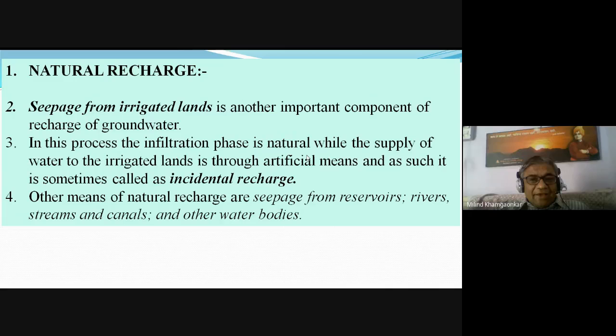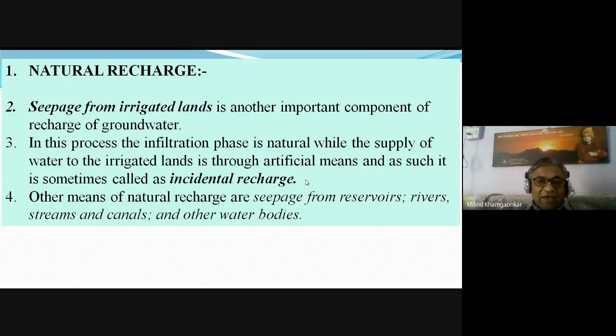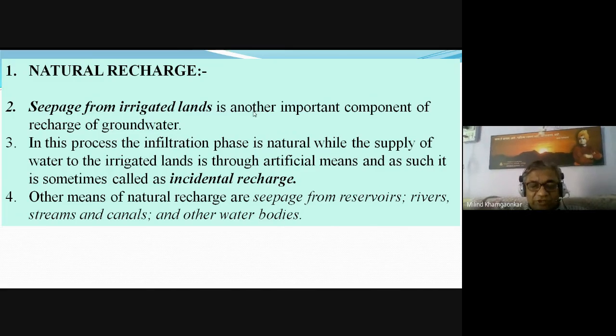Though we supply irrigation water by artificial means, that is through canals or through pumps through the well, such type of recharging is called the incidental recharge. One of the definitions they may sometimes ask in the exam: what is incidental recharge?